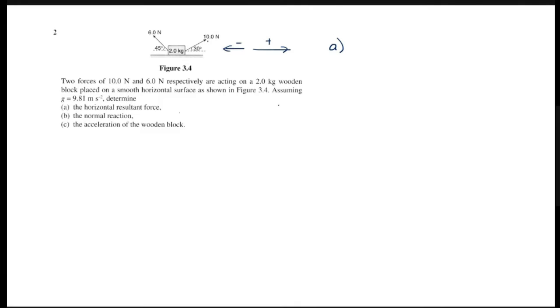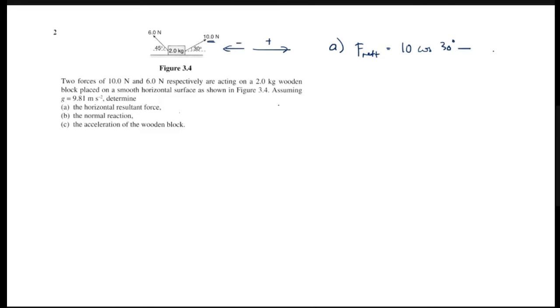So the force net equals, to the right is positive, so 10 cos 30 degrees. Why is 10 positive? Because the 10 Newton is pushing to the right side of the diagram. Minus, why minus?